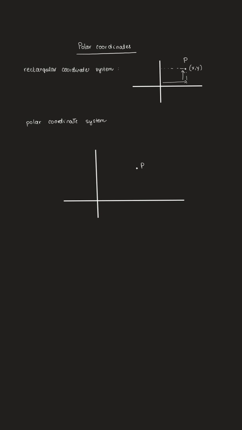We are first going to look at the distance from the point to the origin, and we're going to call that distance r, and that will be the first coordinate of our point. That tells us the distance the point is from the origin. I'm still going to call this the xy plane, although this is now called the polar axis, and our origin is now called the pole.